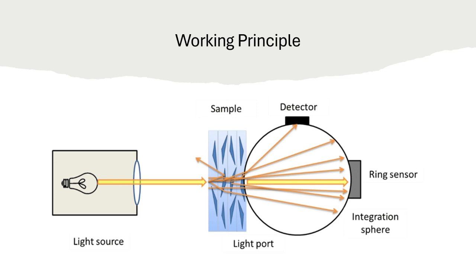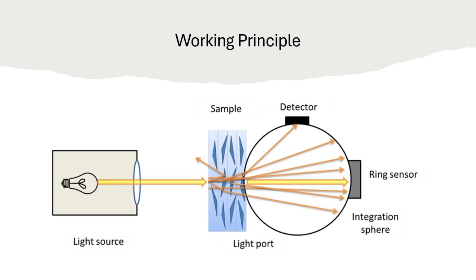Here you can see a well-explained picture of the working principle of the Haze Meter. The light source is throwing the parallel incident beam of light towards the sample. The sample, containing impurities, bubbles, and uneven surfaces, causes the parallel beam of light to deflect and scatter.